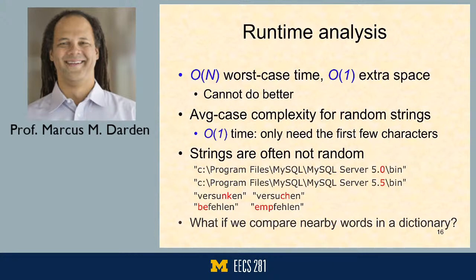Average complexity for a random string, though, if I'm comparing 2 random strings, pretty often words, there's not a lot of words that have long prefixes in common. So as I'm comparing words in a dictionary, especially if I look at maybe zombie names, it isn't often that I have to go 13, 14 characters in a name to figure out that they're not the same thing.